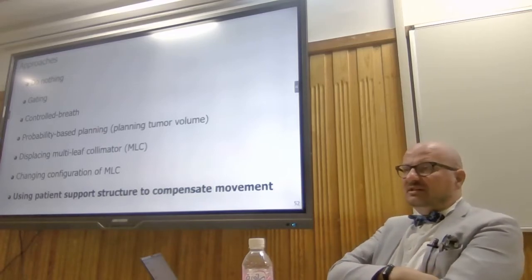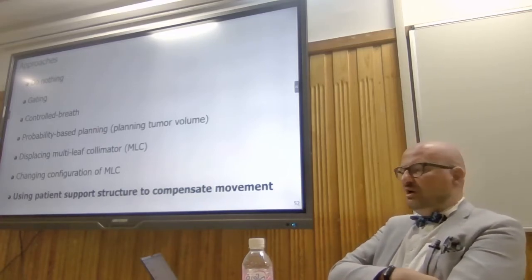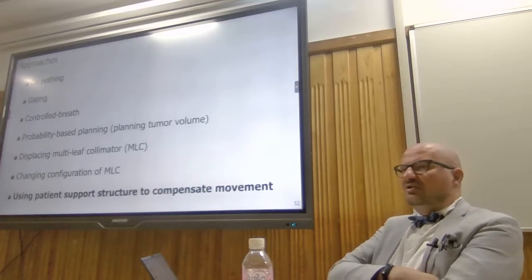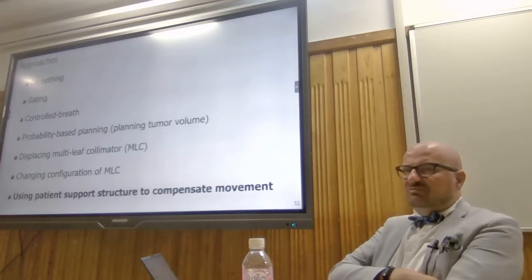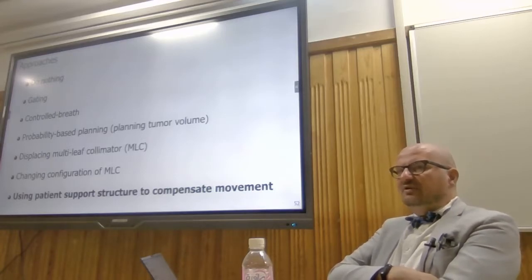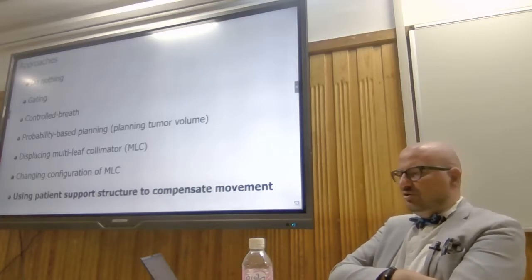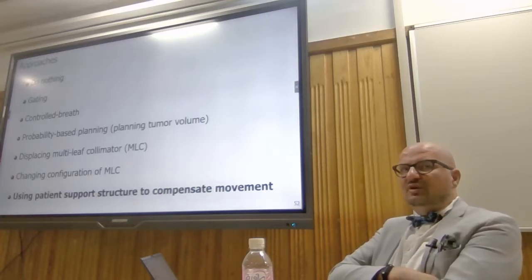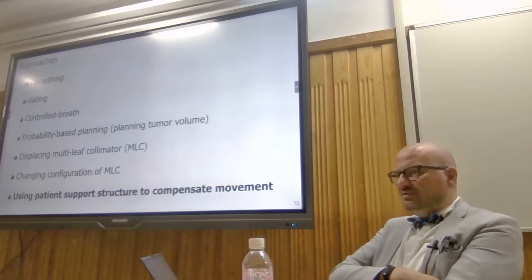And actually what is done, so of course people know the problem and they do different things. So of course it's still quite common that you don't do anything. You just irradiate, you burn tissue around this functional target, and that's all. Then there is gating. Gating, the idea is very simple.